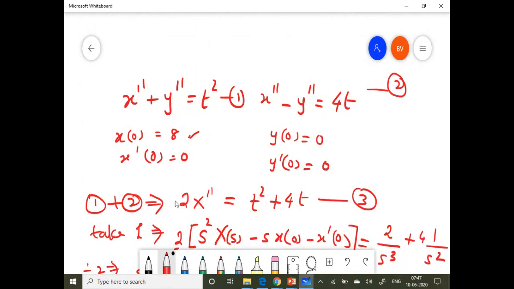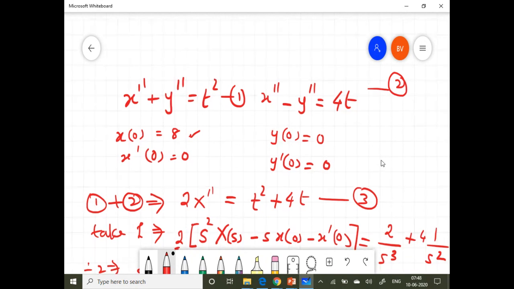Okay, if you know x, you can still find only y double dash, and there is no y involved, so Laplace transform should be used for y as well. Okay, we have x, we can use another way as well.